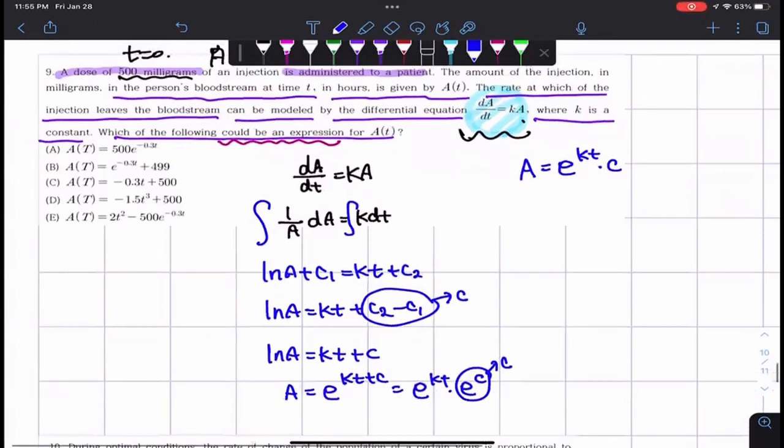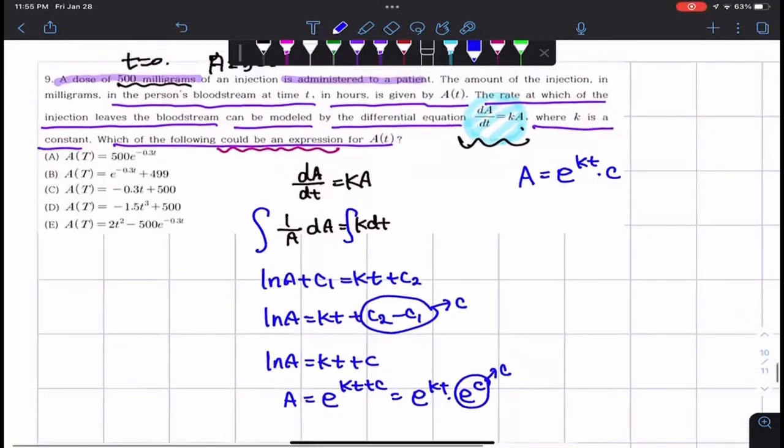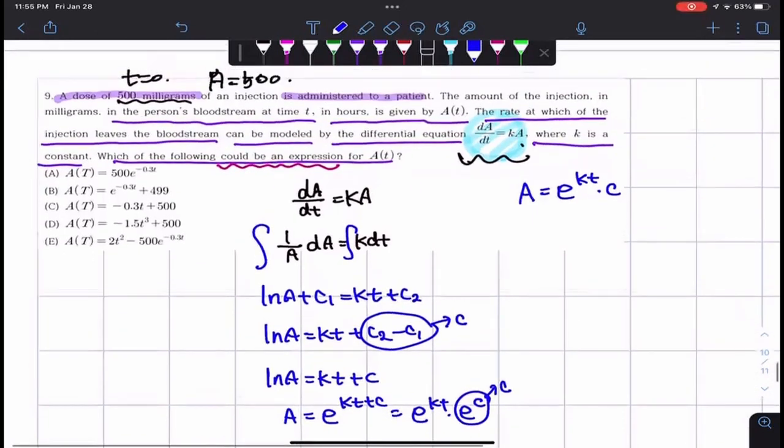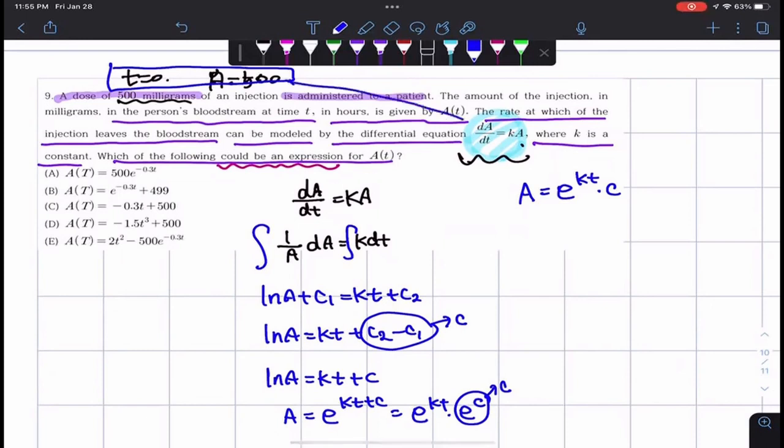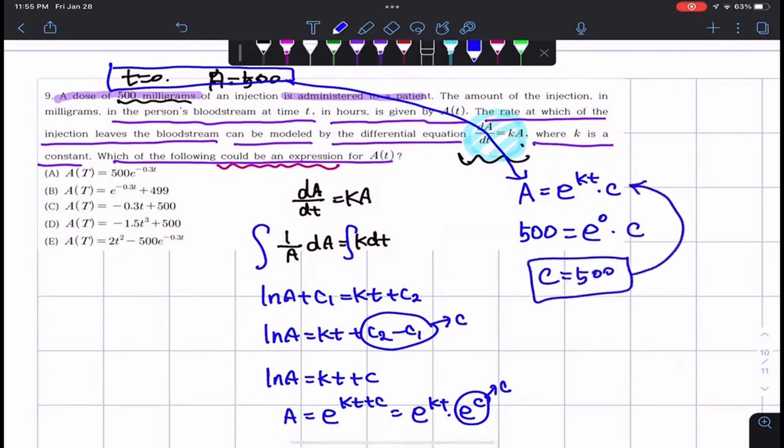Okay, let's find the constant c by using the initial condition. So plug in this value instead of A and t. So 500 equals e to the power of 0 times c. So c equals 500. Plug in this value again in the above equation. A equals 500 e to the power of kt.